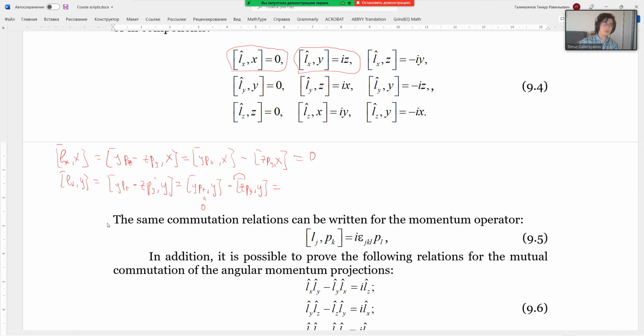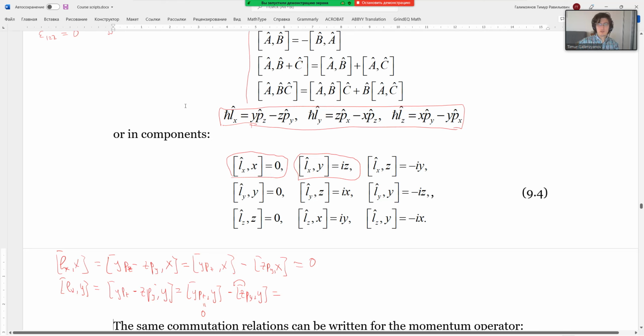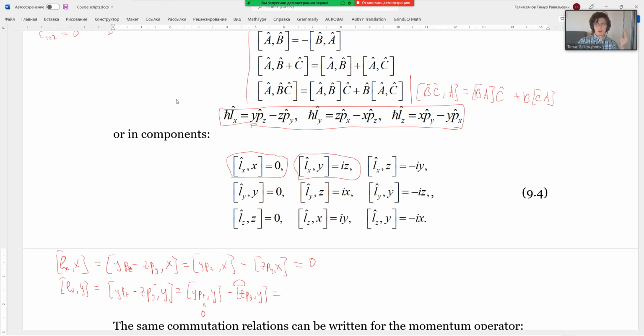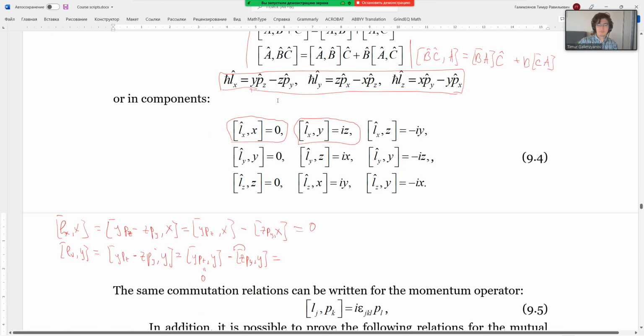Or actually, we can use this relationship and rewrite it in the following way: [BC, A] equals BA C plus B C A. What I have done is just changed the sign, reversed the product, reversed the commutator, and reversed this one and this one. So it's just a reversion.